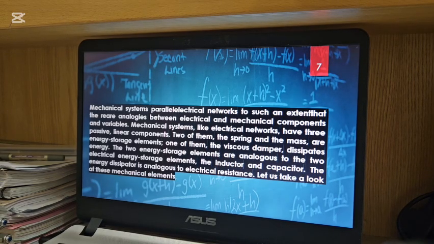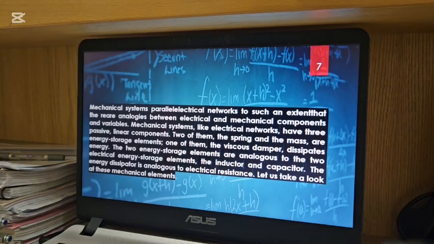The two energy storage elements are analogous to the two electrical energy storage elements, the inductor and capacitor. The energy dissipator is analogous to electrical resistance. Let us take a look at these mechanical elements.